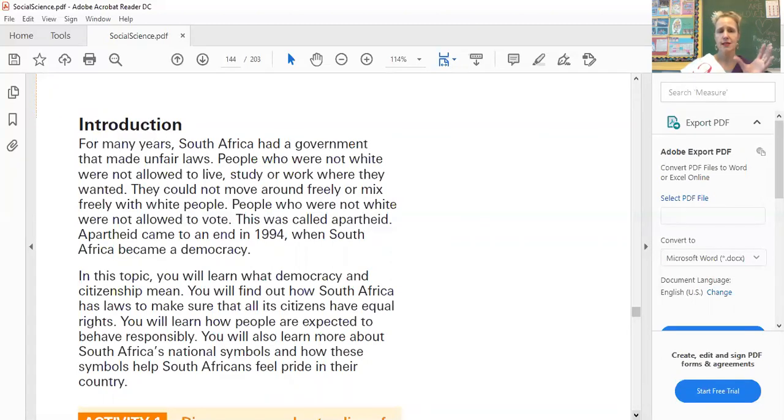Era means a time in history. I'm not talking about the planets, but a time in history. So you might think, well, maybe your grandparents or your parents have told you about what apartheid was like and what it was like to live in that time.